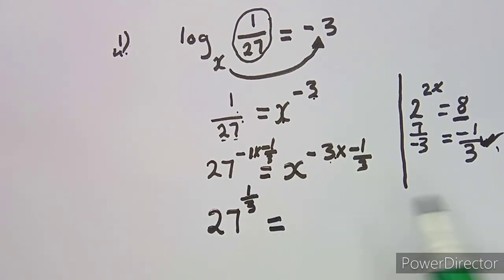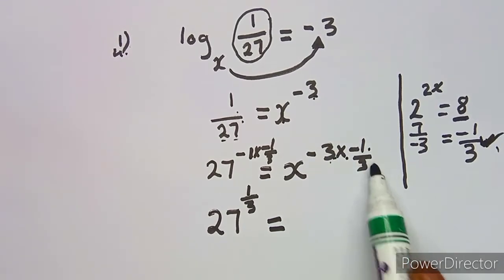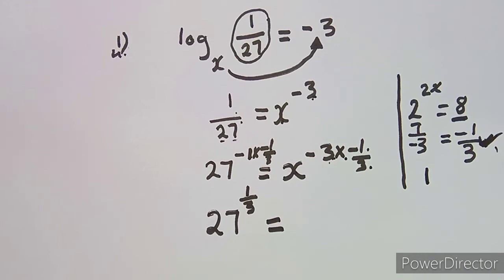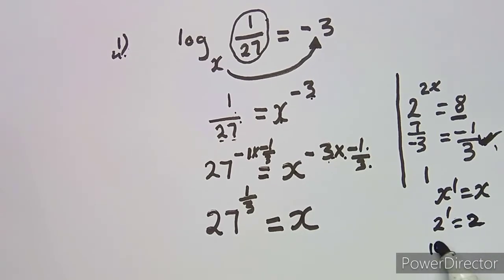And if you multiply minus 3 times minus 1 over 3, this is going to give you a positive 1, which means it is the same thing as just having x, because x to the exponent of 1 is the same as x. Any number to the exponent of 1 remains as it is. If it is 10 to the exponent of 1, it remains as 10.